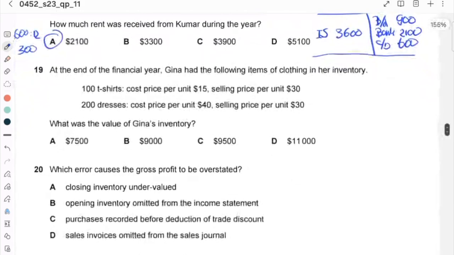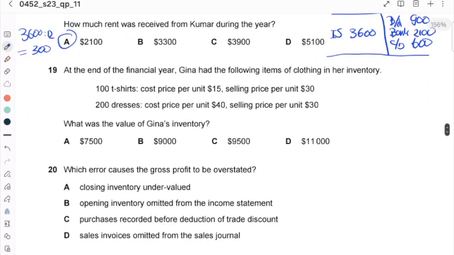Okay, 19. At the end of the financial year, Gina had the following items for closing inventory. What was the value of Gina's inventory? You know that for inventory we always use the lower price.